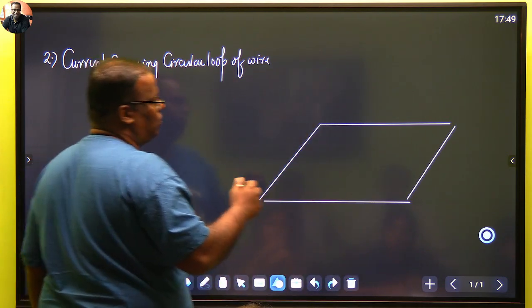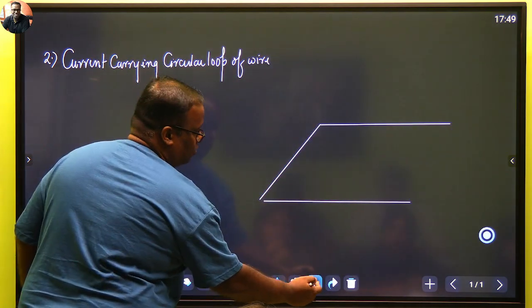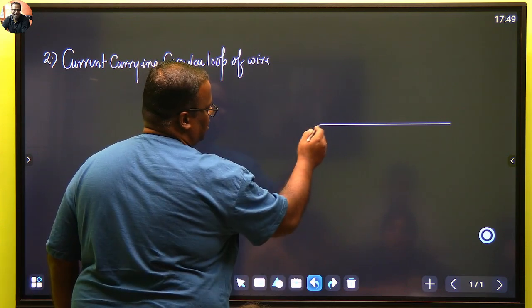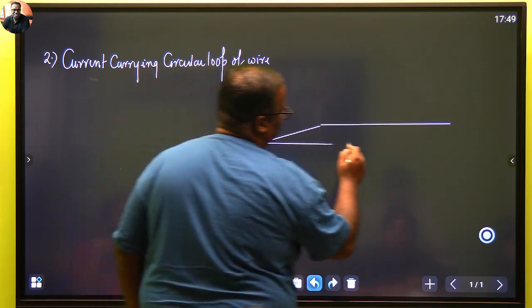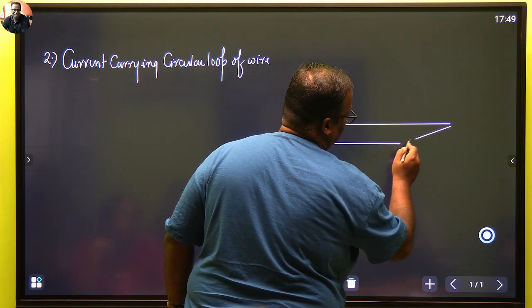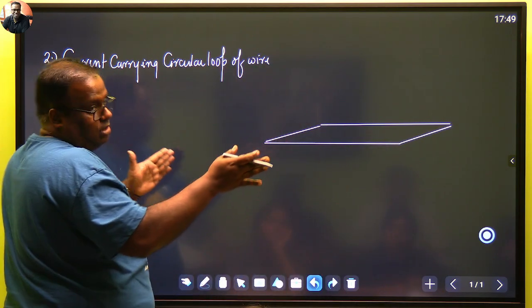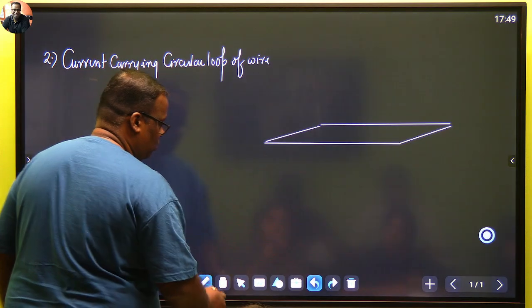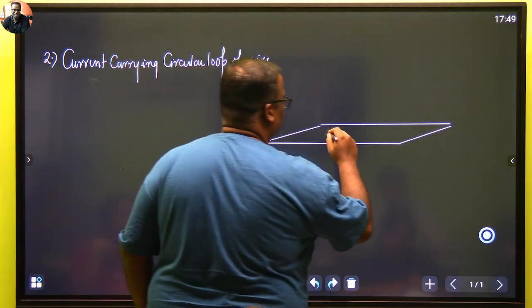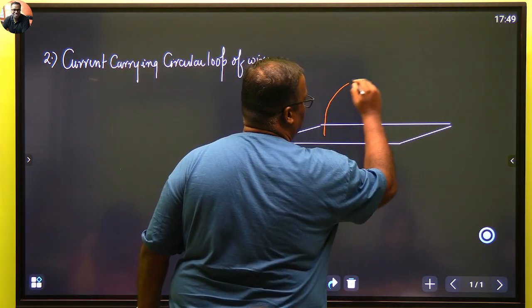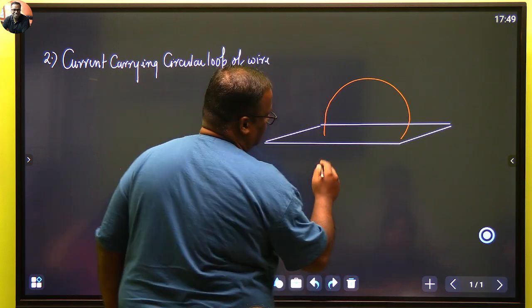Imagine this is a sort of a plain cardboard. This is a plain cardboard that is kept, and our circular loop of wire will be on this. This is my circular loop.